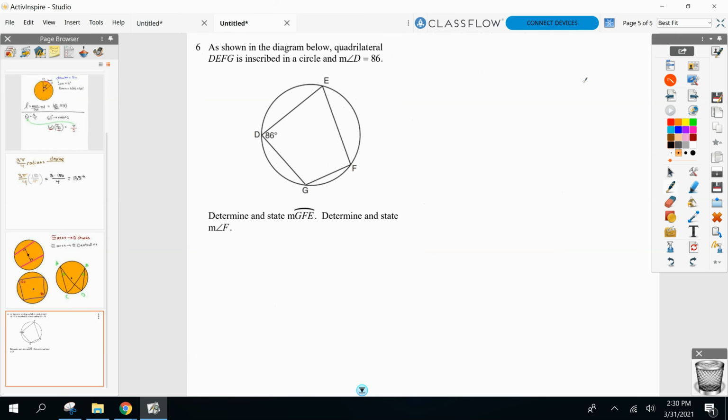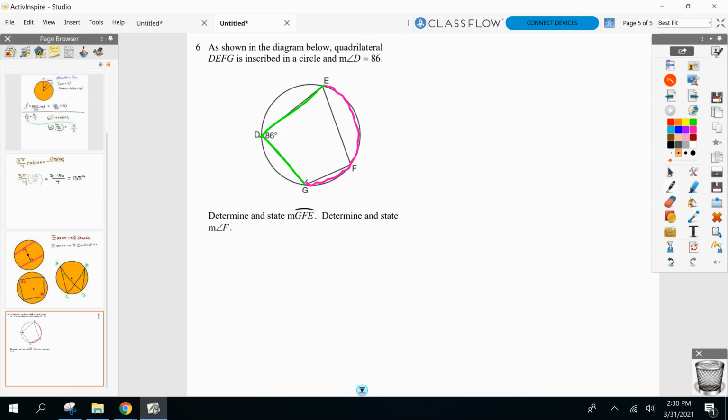All right, so here we go. First one, determine and state the measure of arc GFE. So G to F to E right here. Well, they give me that angle D is 86. Angle D is inscribed, and look at the arc it forms. It conveniently forms the arc I'm trying to find.